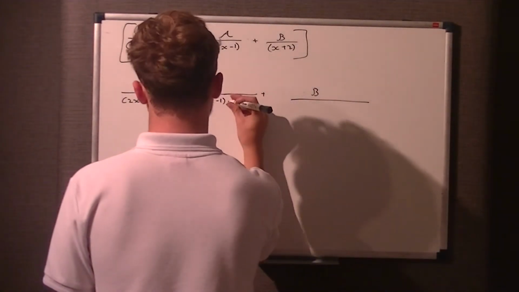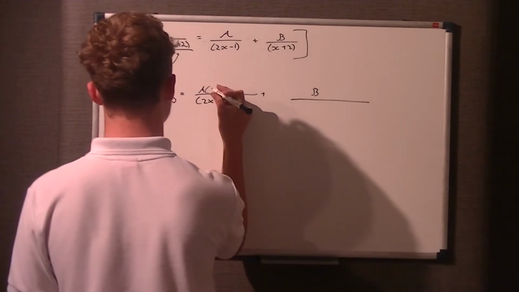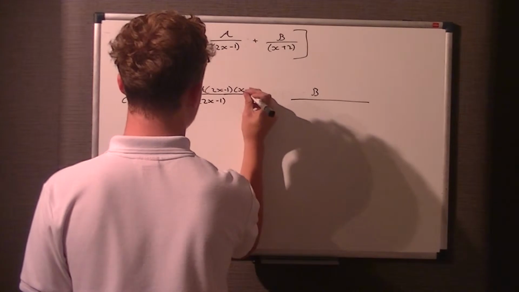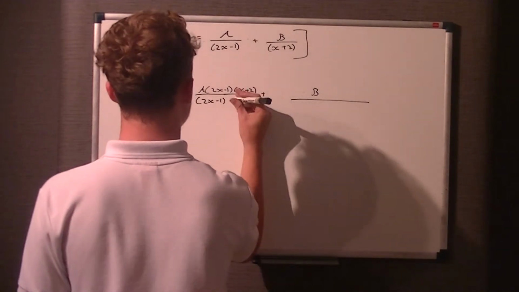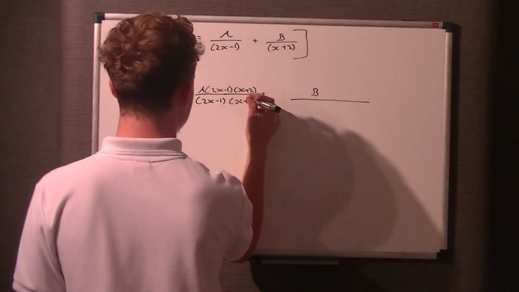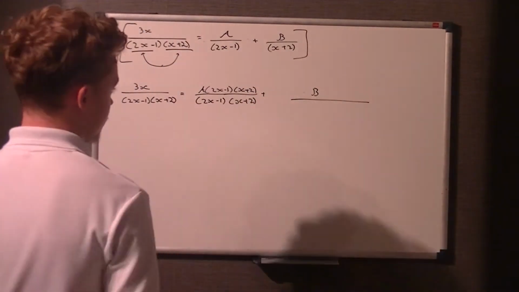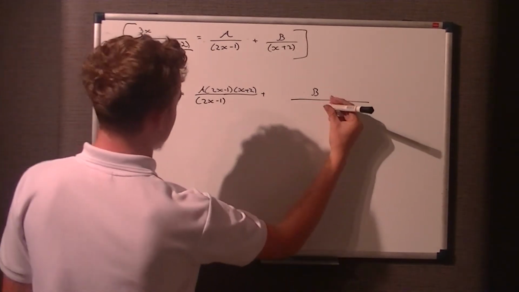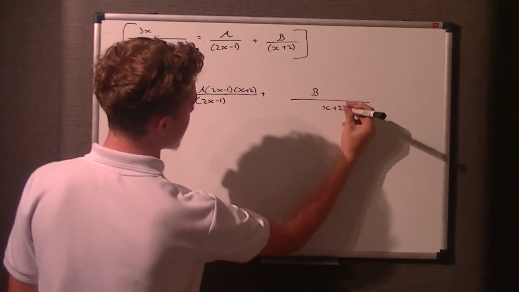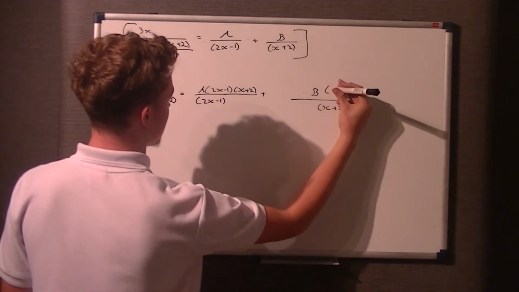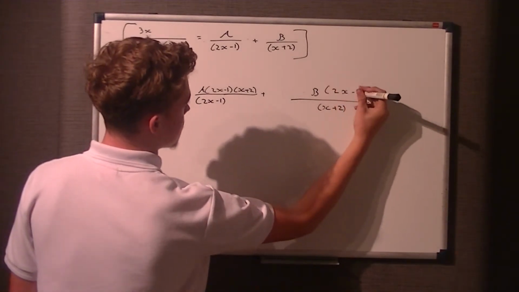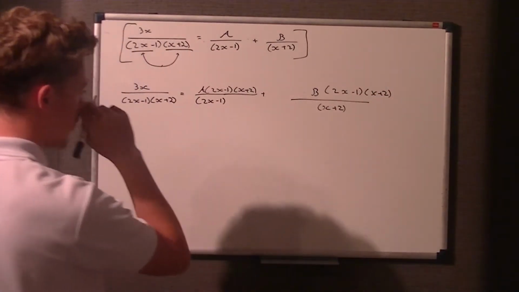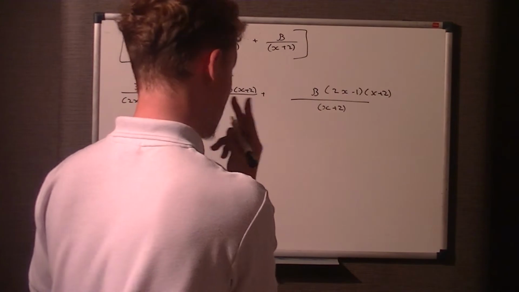So it's a times (2x take 1)(x plus 2) over x plus 2, and b times (2x take 1) over x plus 2. We make sure we times them by the same denominator.